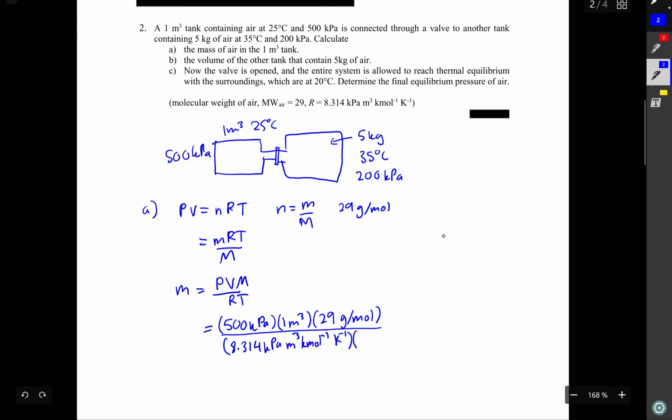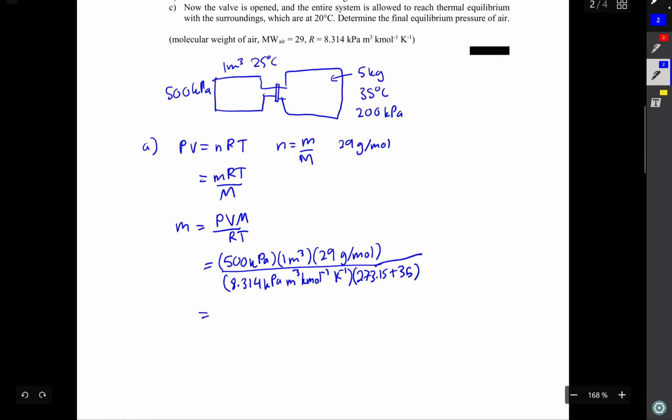The temperature given to you is in Celsius. Because you're aware of that unit, you know that you need to change it into Kelvin. So 273.15 plus 35. Since the units are a bit all over the place, let's see how things cancel out each other.